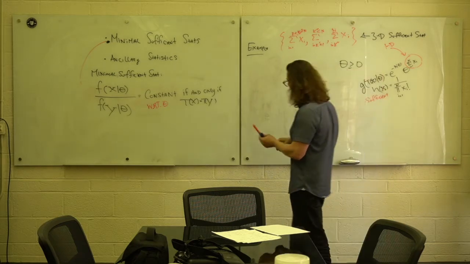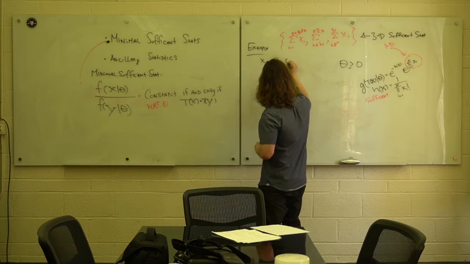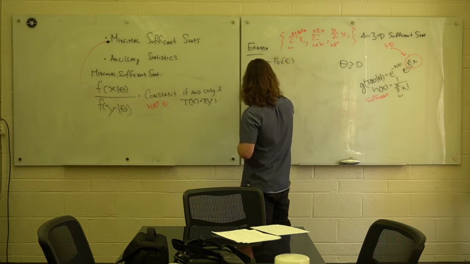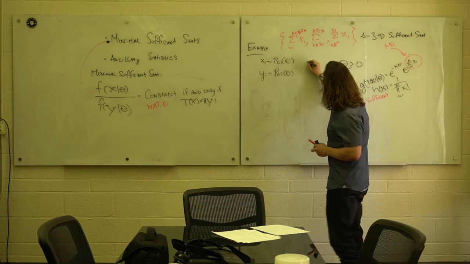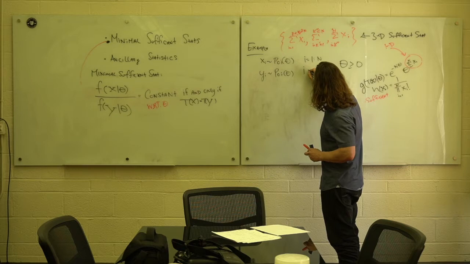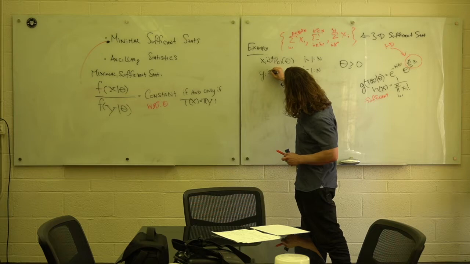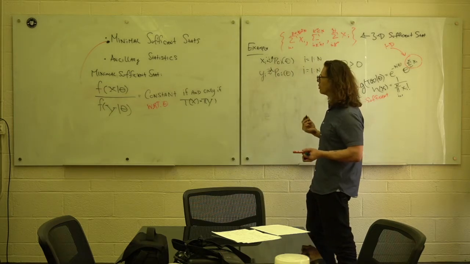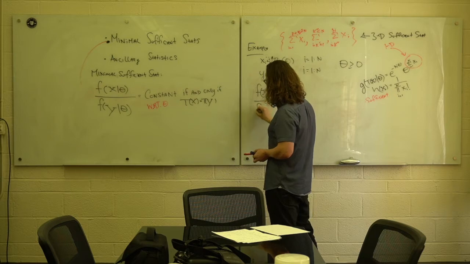So back to our example. Xi's are Poisson theta, and I'm going to think about Yi's being Poisson theta as well. This will be i goes from 1 to n. And same thing over here. Both of these are IID. So let's just form this ratio. f of x given theta divided by f of y given theta.